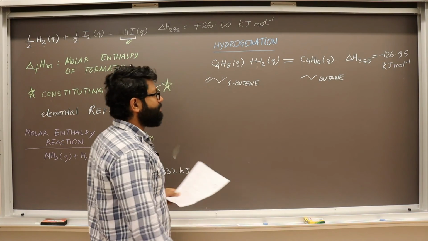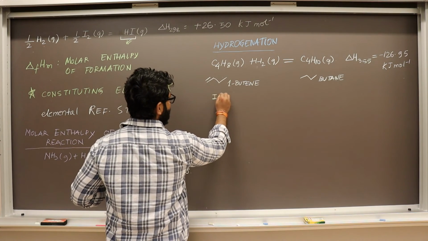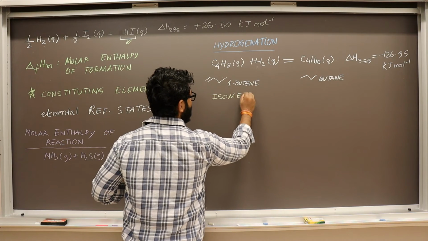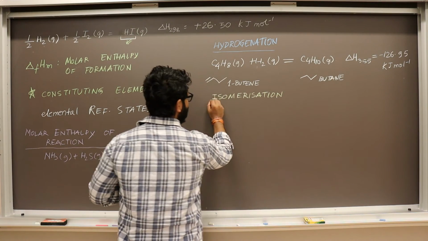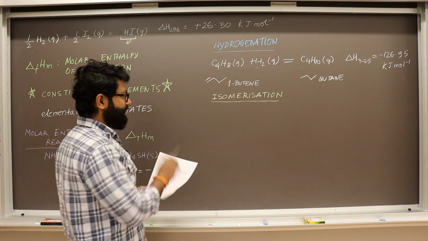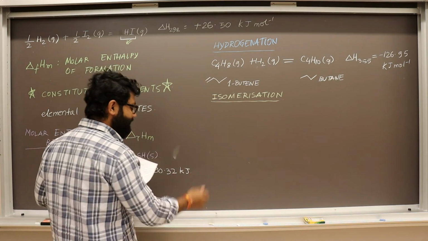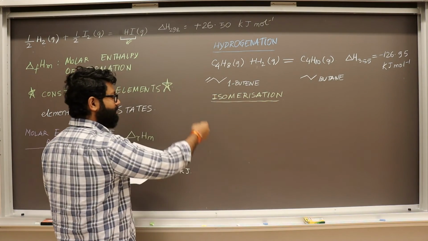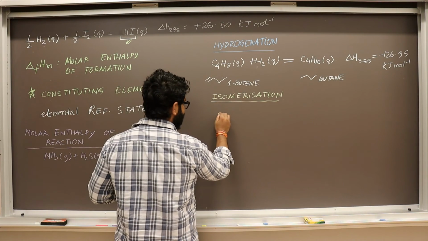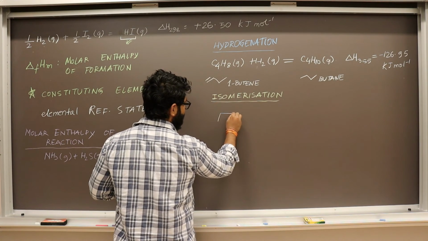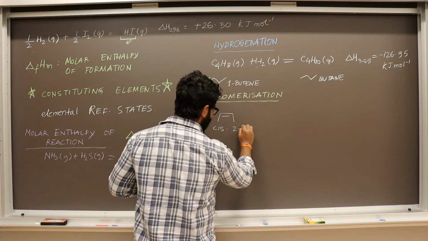So what if now you have isomerization going on, okay? You might have heard about isomers. When different isomers interchange, the delta H of the reaction in that interchange is basically the molar enthalpy of isomerization. Very simple. So let's take an example of, say, you have cis-2-butene, okay?